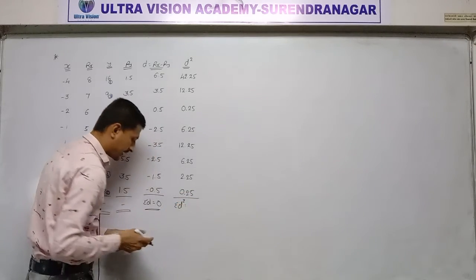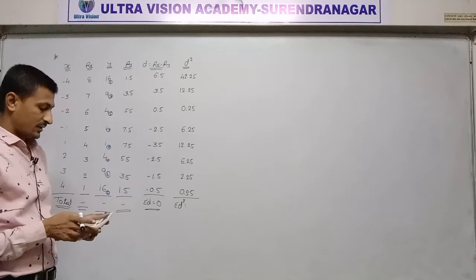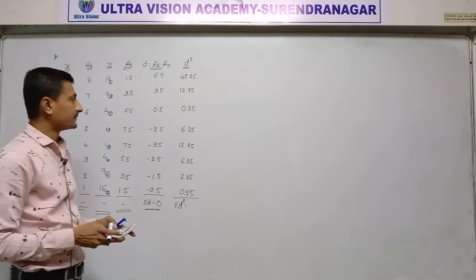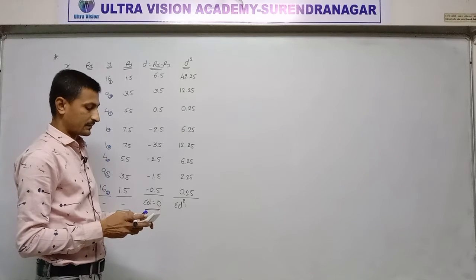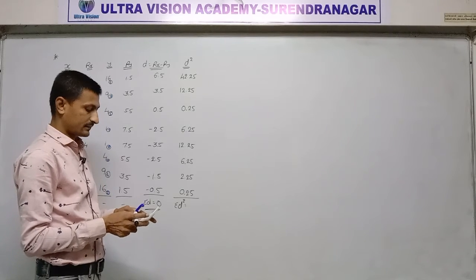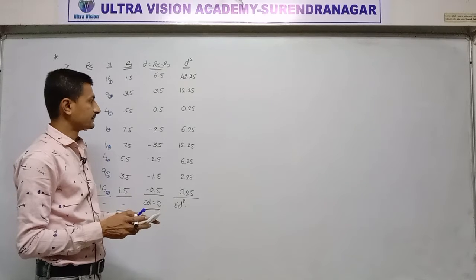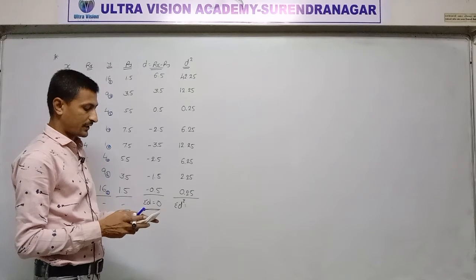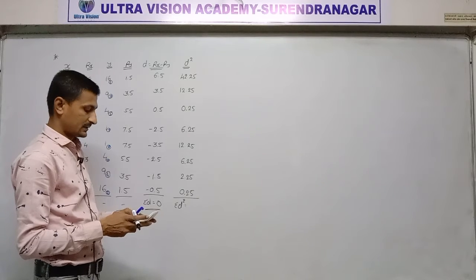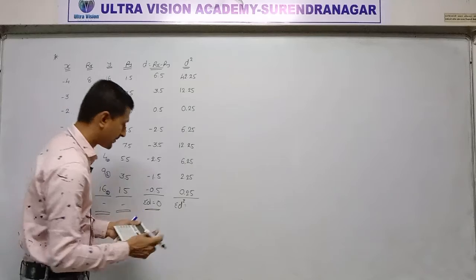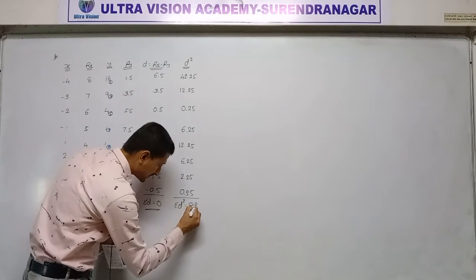Sigma D square find out. 42.25 plus 12.25 plus 0.25 plus 6.25 plus 12.25 plus 6.25 plus 2.25 plus 0.25. Sigma D square is 82.